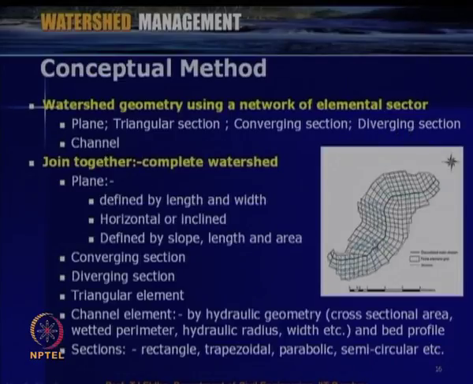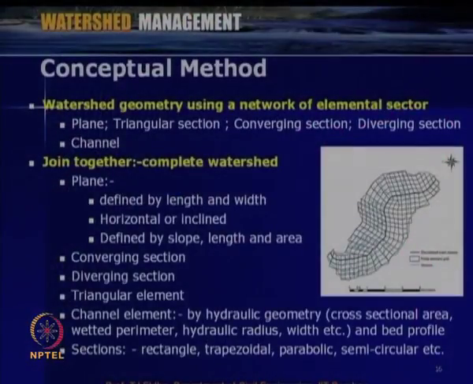For example, if this is the watershed and this is the channel, we can consider various planes, sometimes triangular shapes, or converging or diverging sections. When we join all these sectors together, we have the complete watershed.